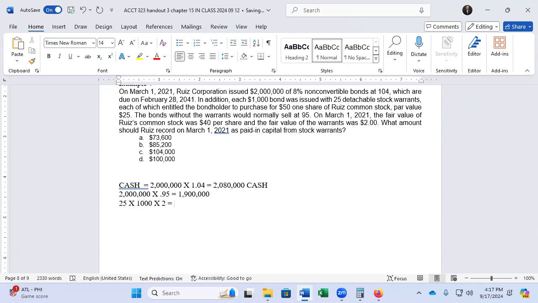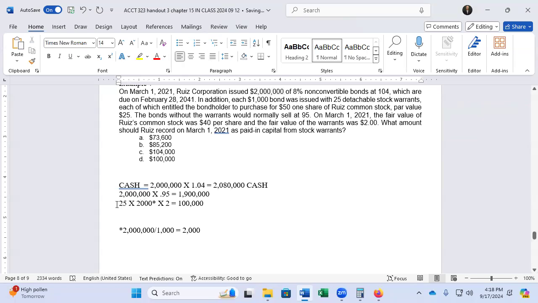So you have 2,000 $1,000 bonds that were issued initially for 2 million, because 2 million divided by 1,000 is 2,000. Sorry, math issue.